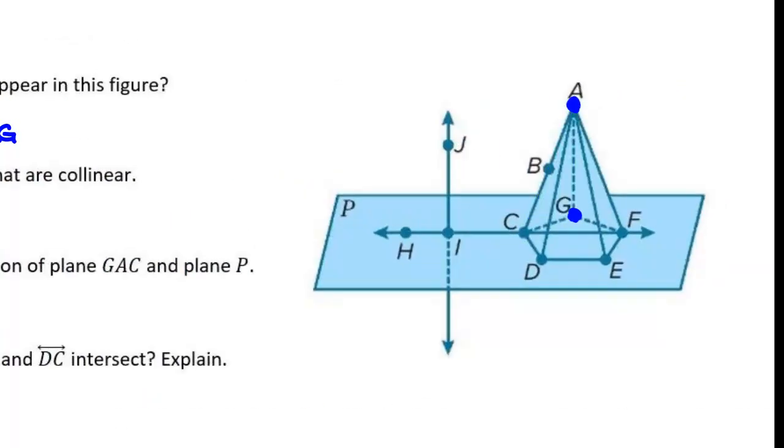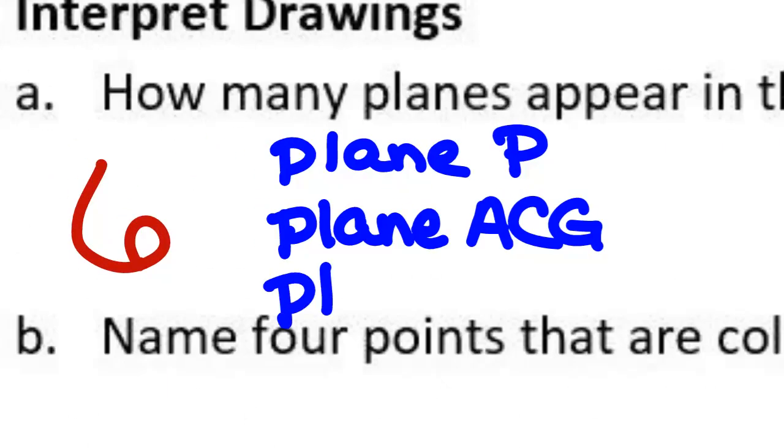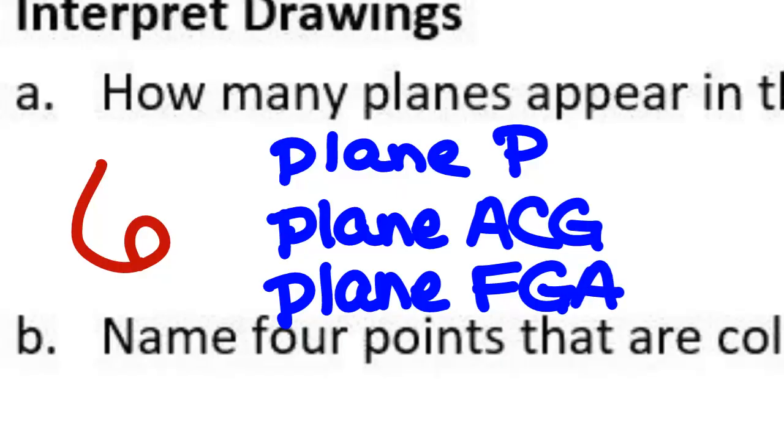Let's move to the other back one. So A and G are still there, and this guy over here. So what could I name this plane? FGA or GFA. Plane FGA.